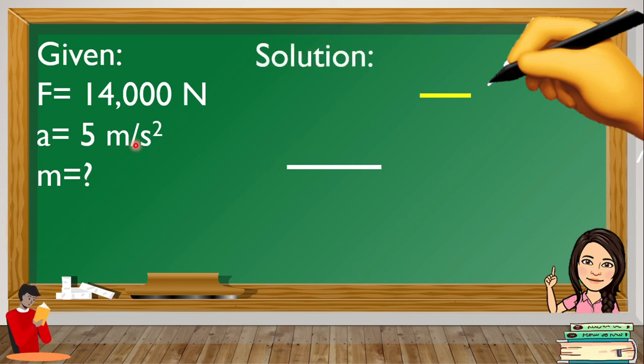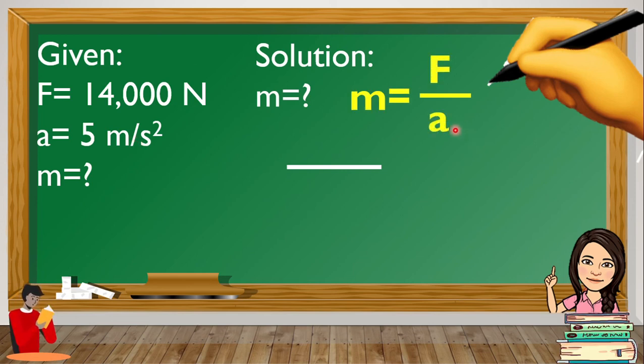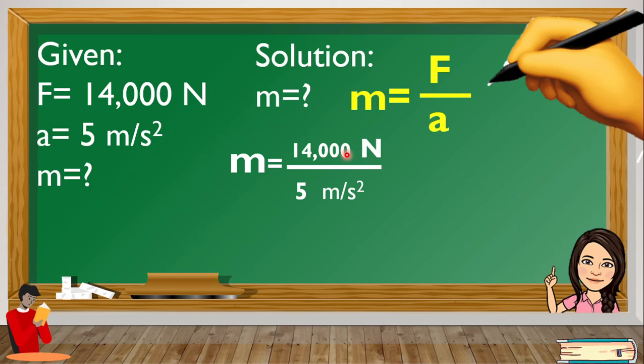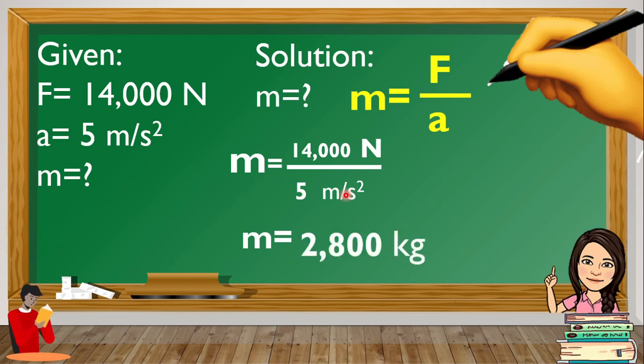Using the equation, mass is equal to force divided by acceleration, where force is equal to 14,000 Newton and acceleration is equal to 5 meter per second squared. 14,000 Newton divided by 5 meter per second squared is equal to 2,800 kilograms.